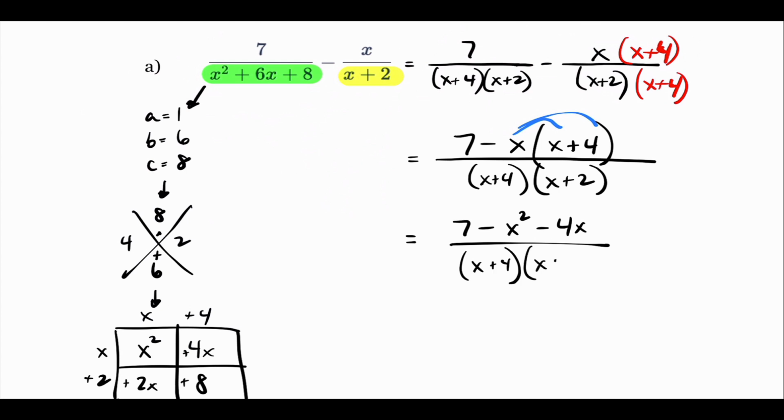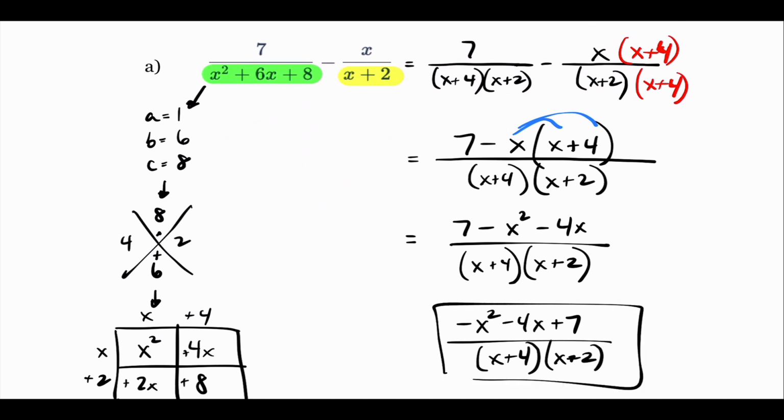Once we have our common denominator, we don't need to do anything to the bottom. You're done. You can change it to standard form if you want. If you want to change it to standard form, you would just move some things around. It didn't say we had to in the beginning, so you don't need to, but either one. You put either one into Delta Math and enter twice, you'll get a green check.